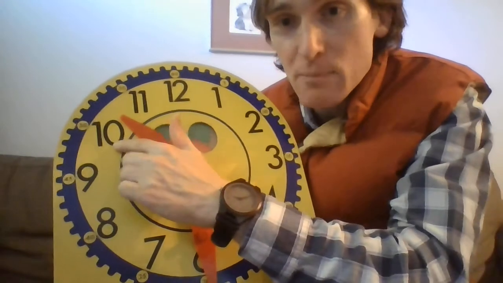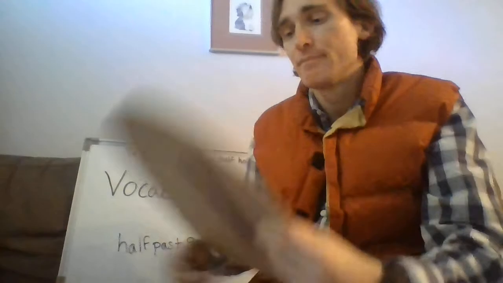The hour hand is going to be in between two numbers. You always look at the preceding or smaller number to tell you what hour it is. It is in between the 10 and the 11. The preceding or smaller number is 10, so it is half past 10.